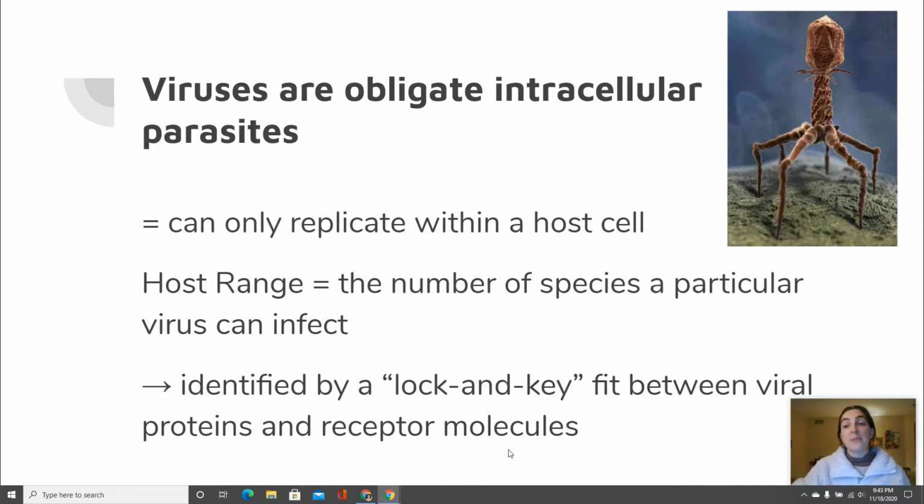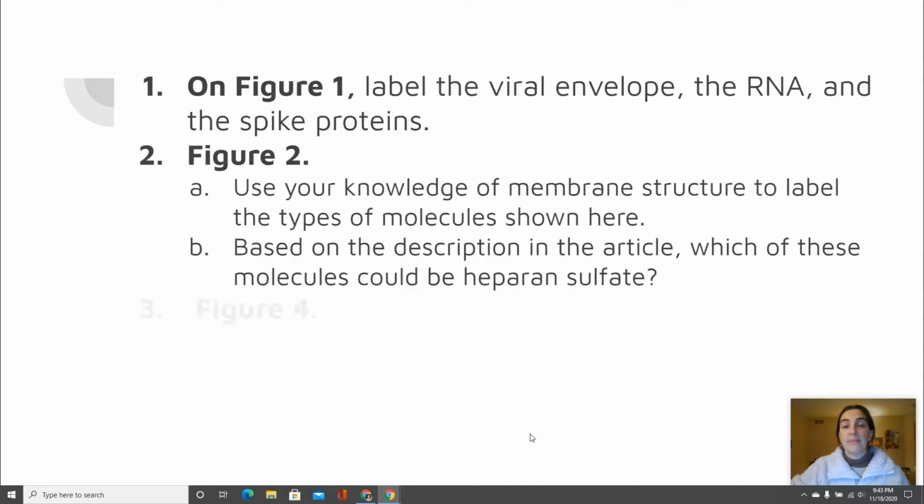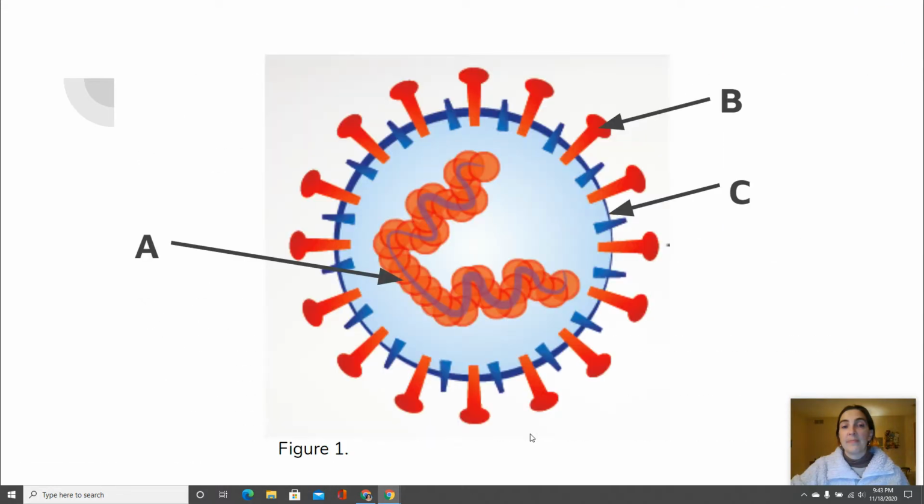We're going to take just a couple minutes and look specifically at the virus that is on all of our minds and some of the receptor molecules that it uses. So we're going to look at a couple of the figures from that reading and label some things to kind of see how this works.